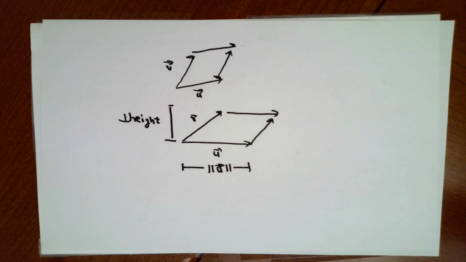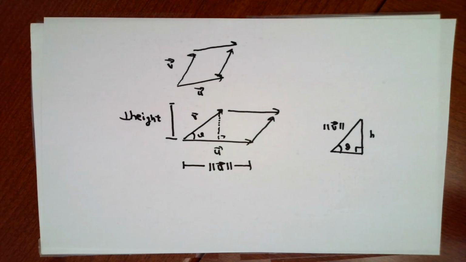Positioning ourselves at the end point of vector v and traveling straight down to u in a right angle manner, I can extract a right triangle out of the situation.